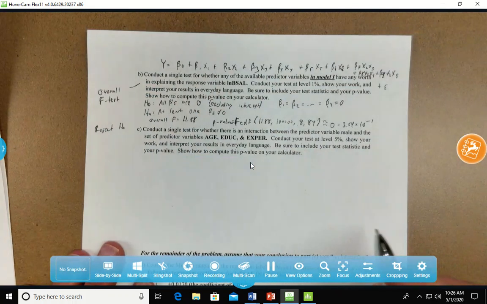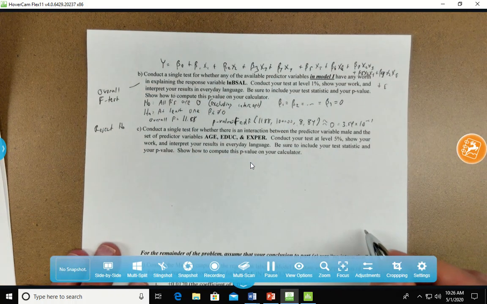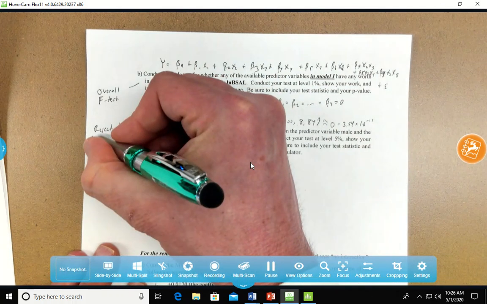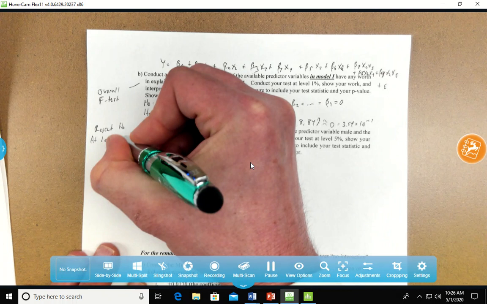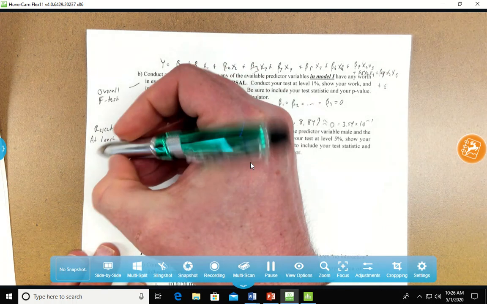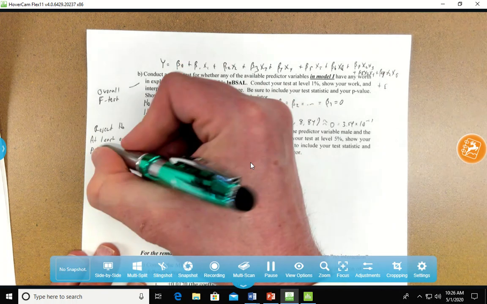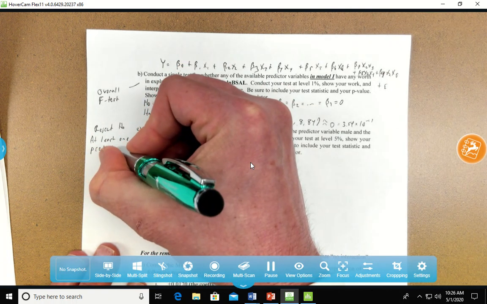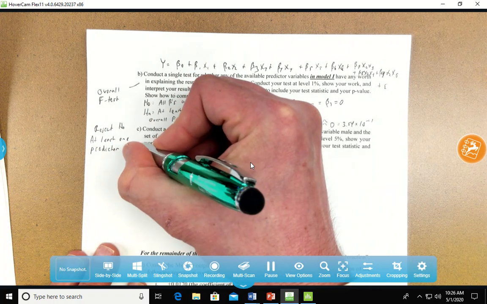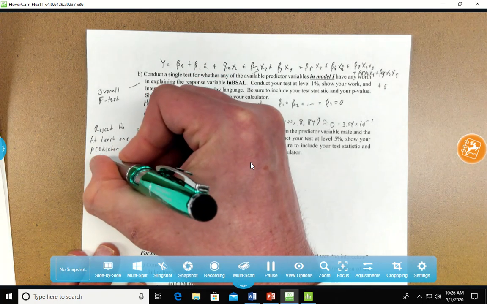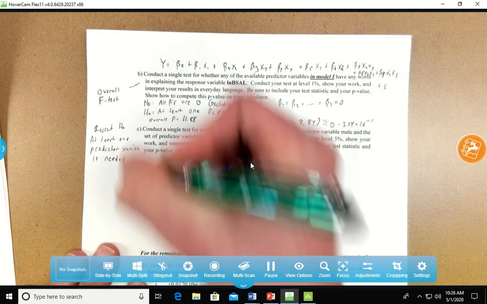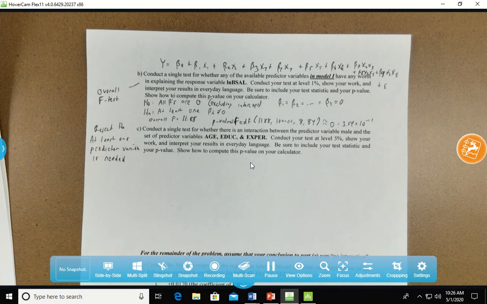We should always put our conclusion into context, and so at least one predictor variable is needed. Or you could say at least one predictor variable adds utility to the model. Okay? All right, let's go on to the next question.